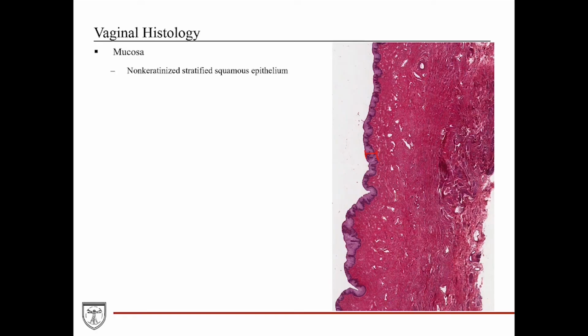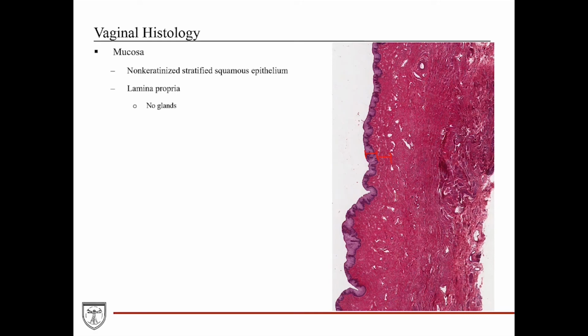And this lining epithelium is supported by the lamina propria, which is comprised of the blended loose connective tissue, the dense irregular connective tissue, and some strips of smooth muscles. But what is unique about the vaginal mucosa is the lack of any kind of glands. Instead, the lamina propria is fairly richly vascularized.